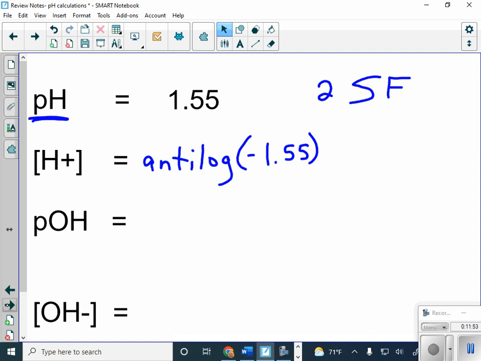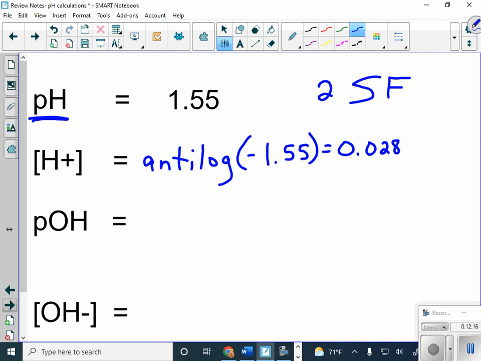So what we are going to do is take the antilog of negative 1.55. And when I did that, it gave me a value of 0.0281838, and there's a couple more digits. Did you get the correct answer by typing that into your calculator?